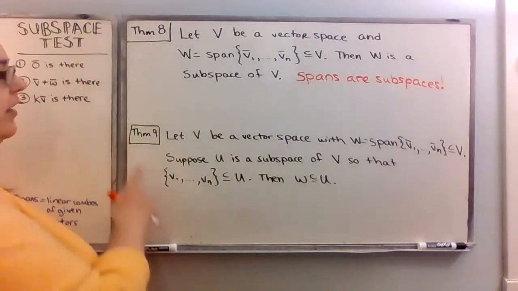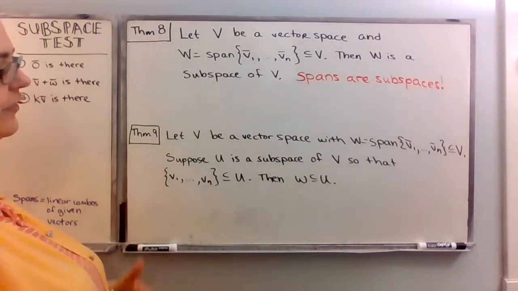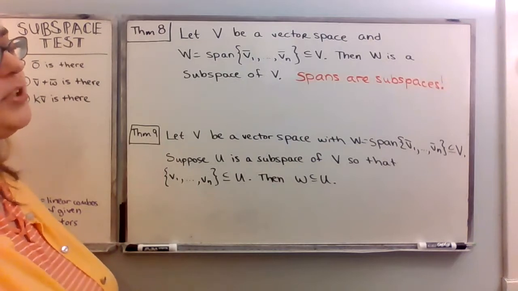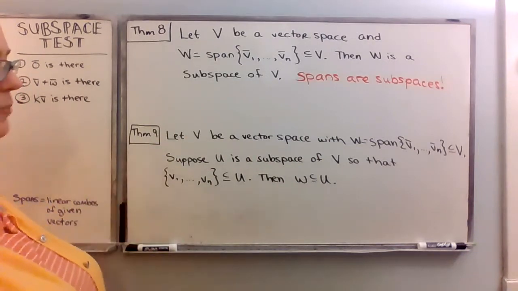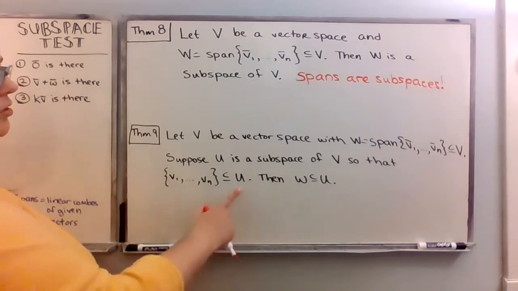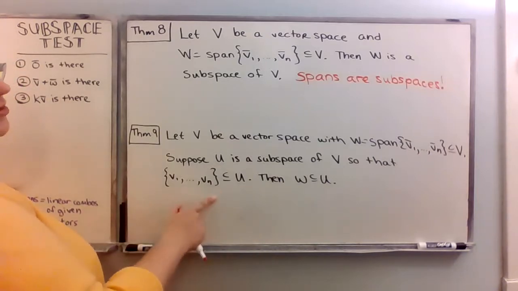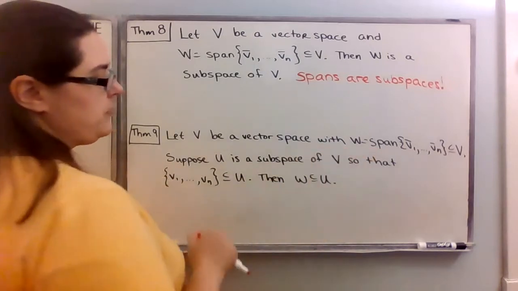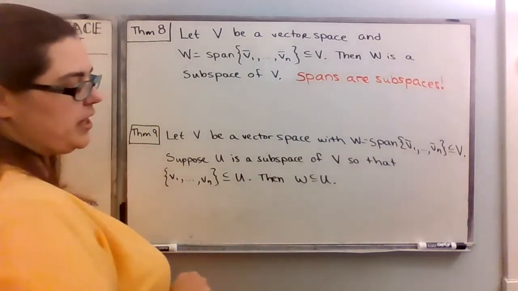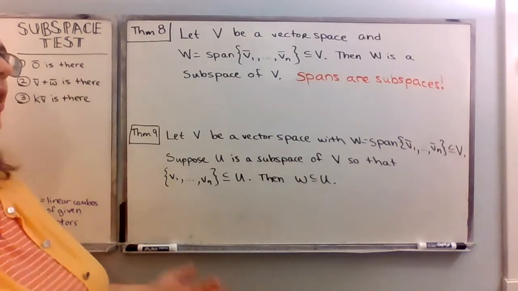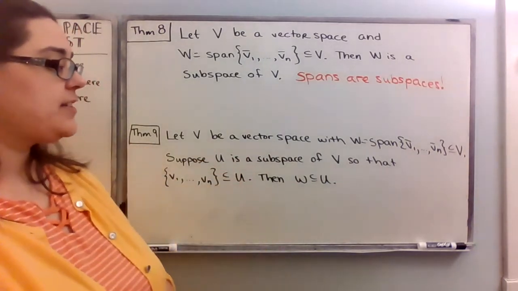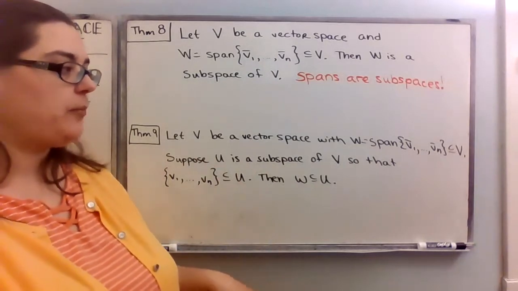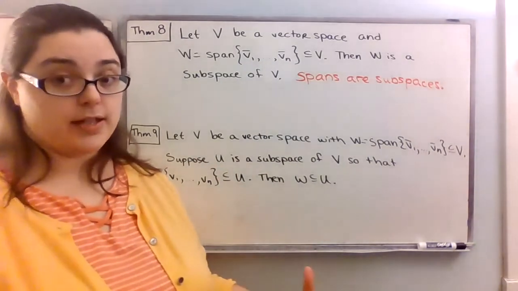The second theorem I have here, theorem 9, says let V be a vector space with W equal to the span of some vectors, and suppose U is a subspace of V so that U contains the vectors that define this span. Then W is a subset of U. Notice that W and U are not fully the same.